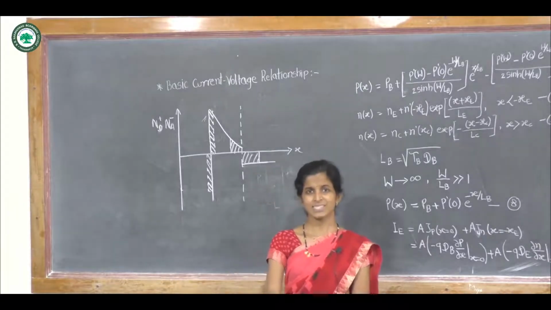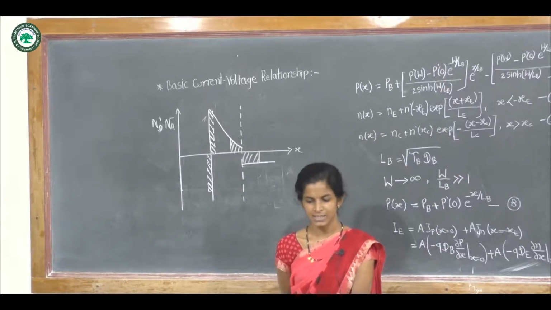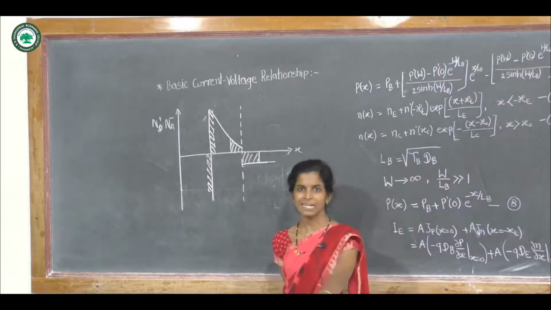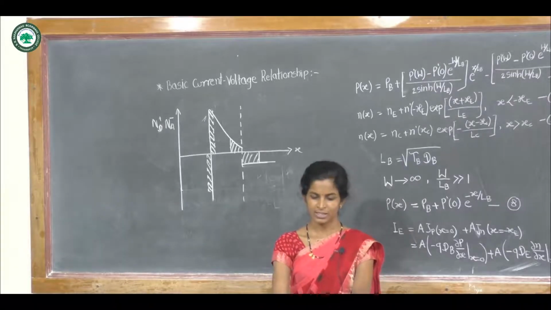So a transistor with such a doping distribution is called a drift transistor, since a built-in electric field enhances the hole drift in the base.